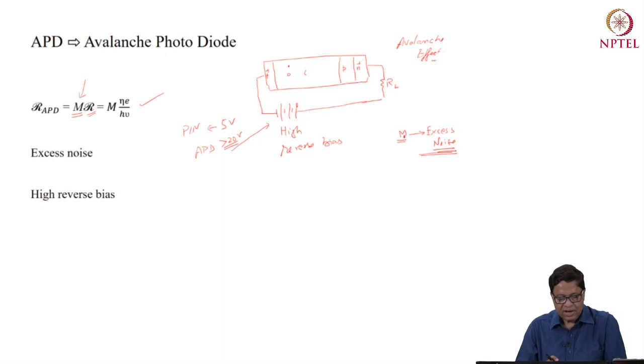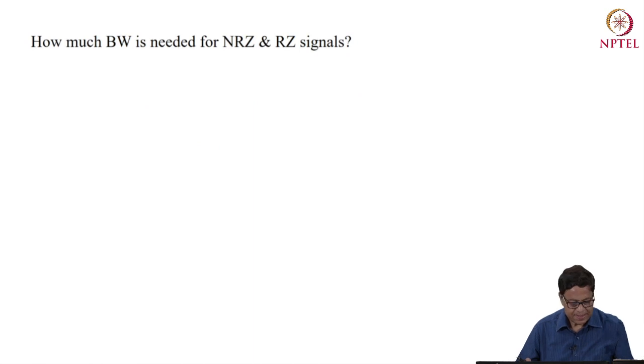Now we will try to see another aspect about the bandwidth. Let us try to understand how much bandwidth is needed for different signals.